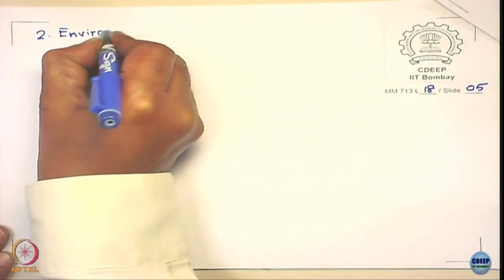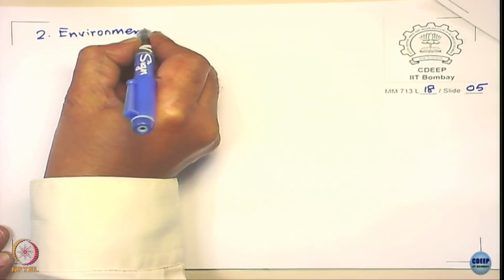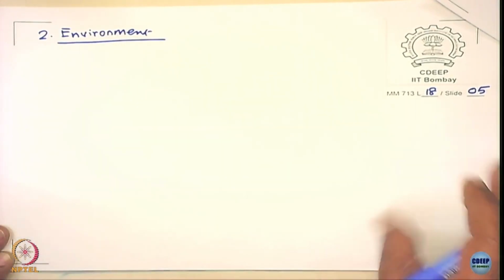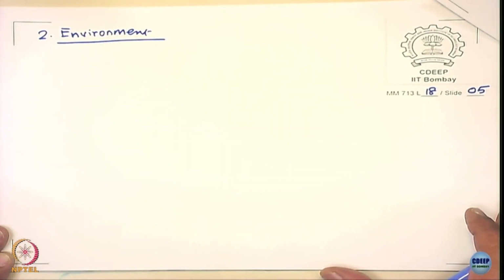crevice. The next important thing is the environment. When you say environment, we normally refer to the bulk only. We are not referring to the environment in the crevice, because the environment in the crevice is generated by the crevice by itself.